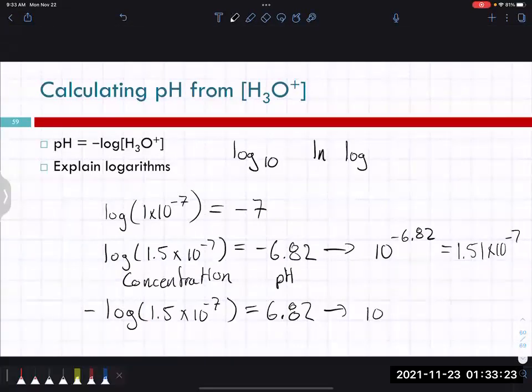If you want to go from pH back to your concentration, you're going to do 10 raised to the negative pH. So you're always flipping that sign as you go back and forth.